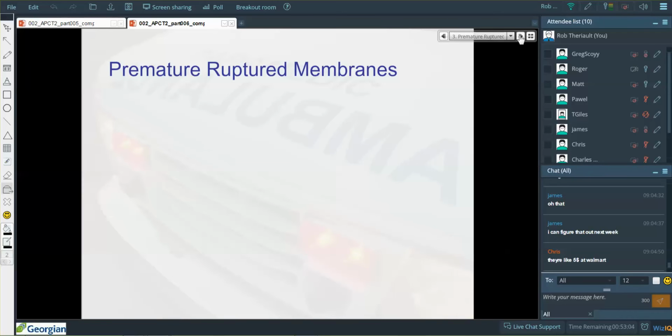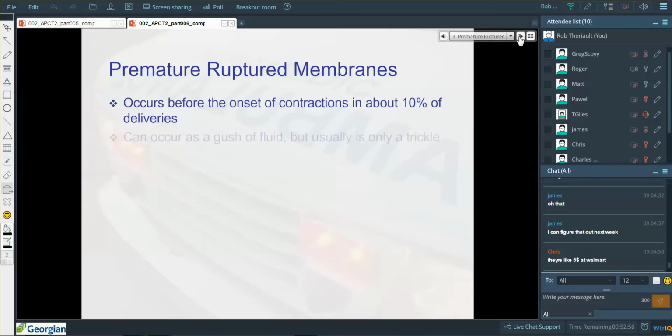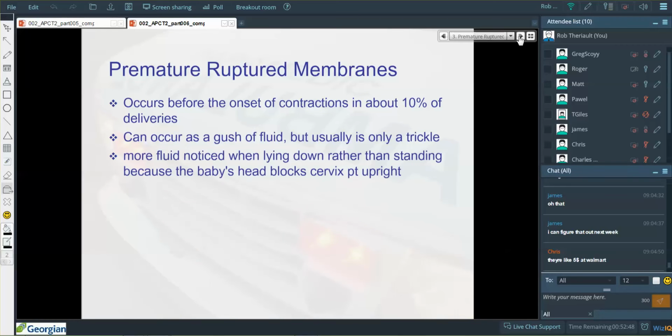So let's talk about premature ruptured membranes. That occurs before the onset of contractions in about 10% of deliveries, and can happen as a gush of fluid, but is usually a trickle. More fluid is noticed when lying down rather than standing, because the baby's head actually blocks the cervix when mom is standing.